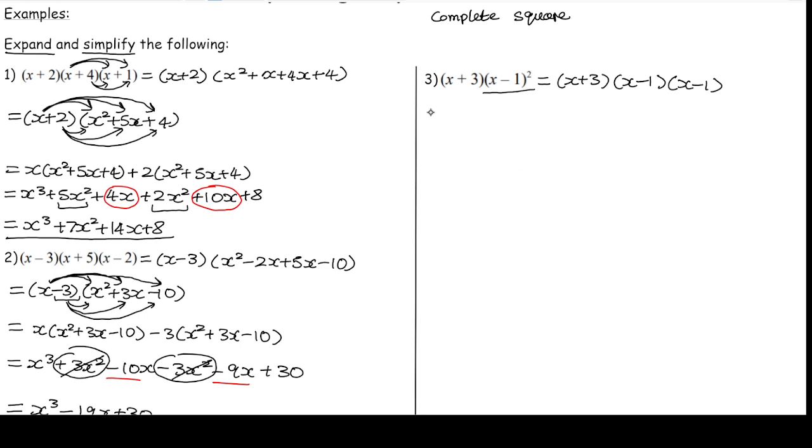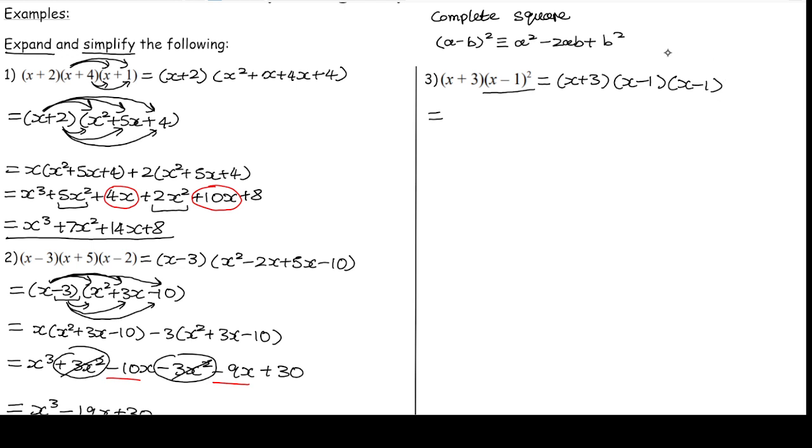To expand a completed square, what can we do? Well, we can use what we've just used here, a method similar to the FOIL method, but we can take a shortcut because we know a minus b squared is equivalent to a squared minus 2ab plus b squared.